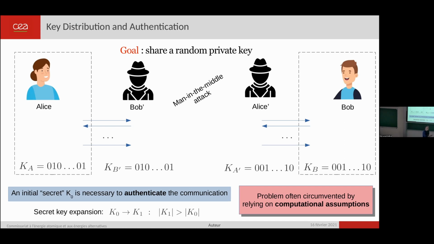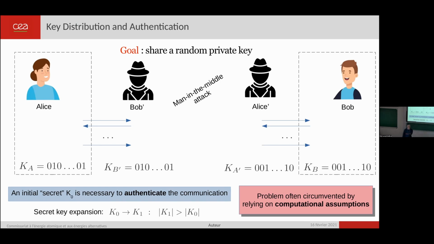Okay. That's what is used everywhere, but it relies on functions that are believed to be hard to invert. The day you can invert those functions, you can break all of those communications. But you're right. Yes.